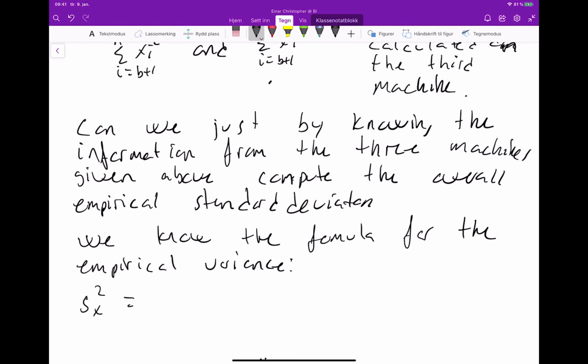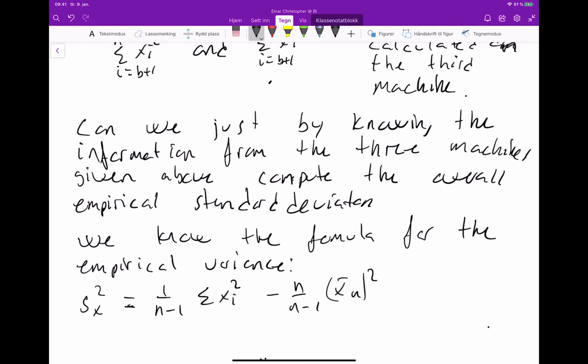And now I use the formula we have just derived. 1 divided by n minus 1, sum x i to the power of 2, minus n divided by n minus 1, x bar n to the power of 2.